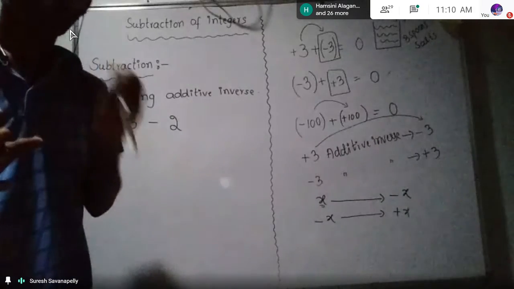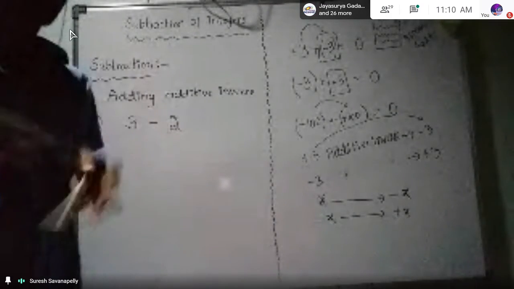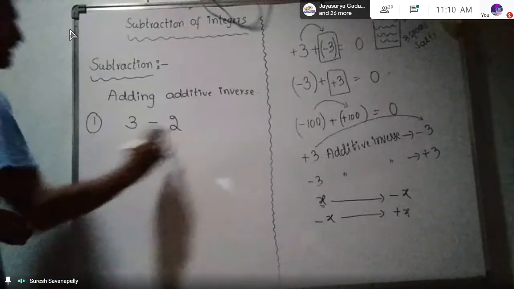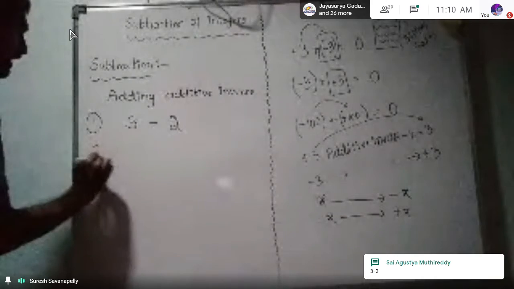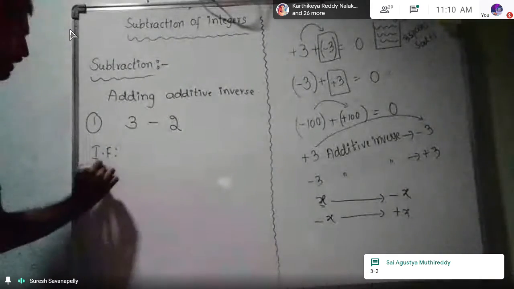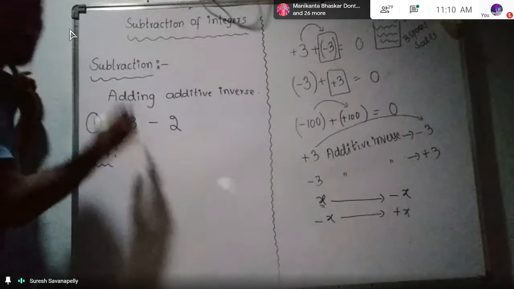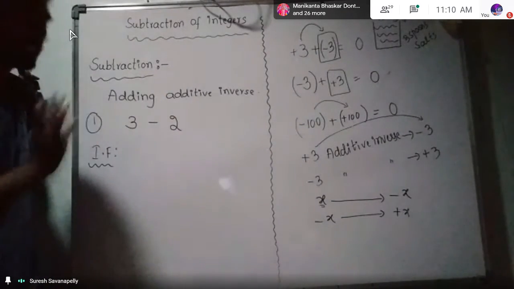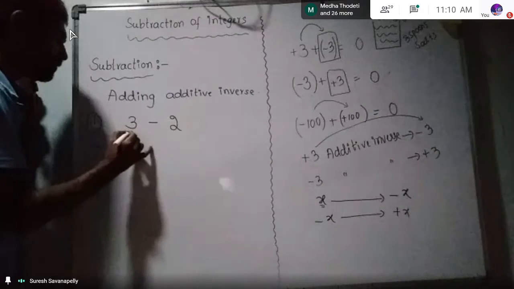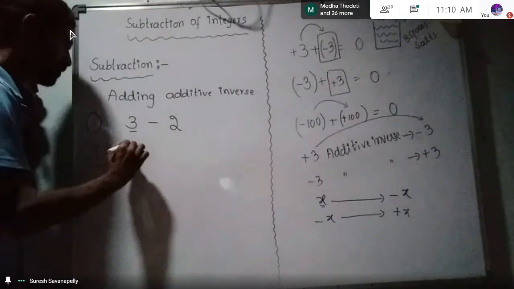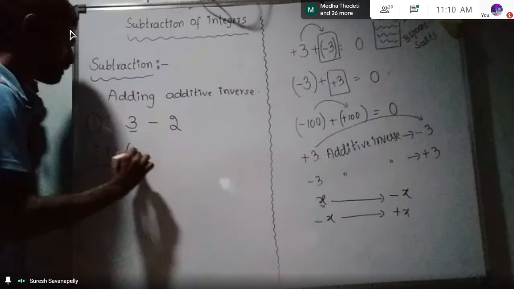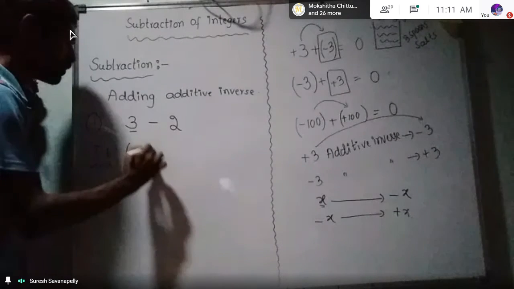We need to write the numbers in the integer format. What is the integer format? Integer format means writing the number with the signs as well as brackets. Now what is the sign of 3? There is no sign, so you can keep that as plus 3, and next you keep a bracket.